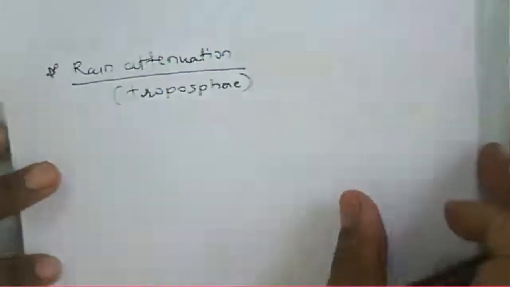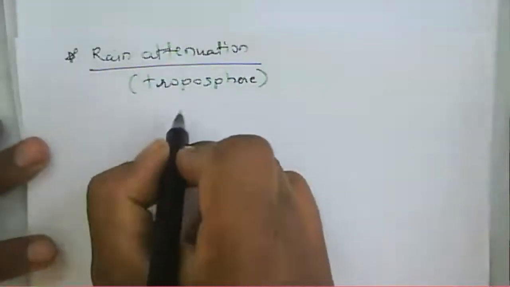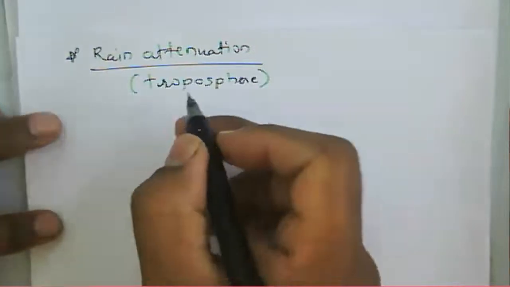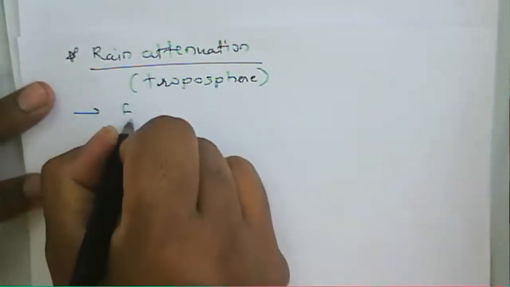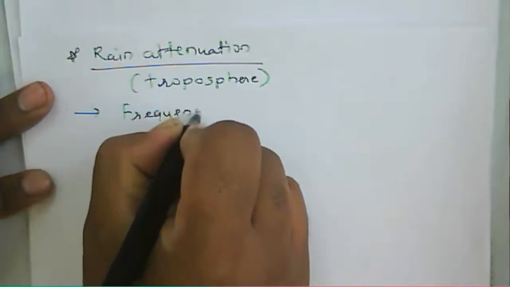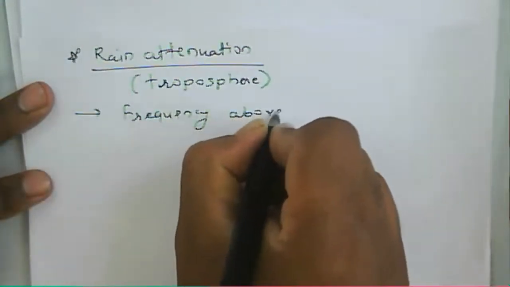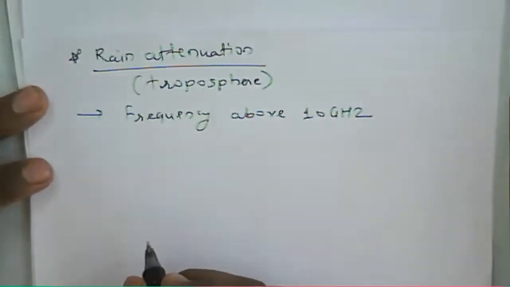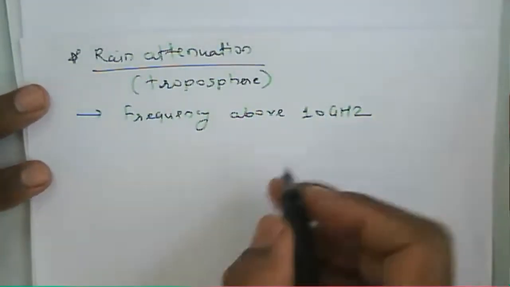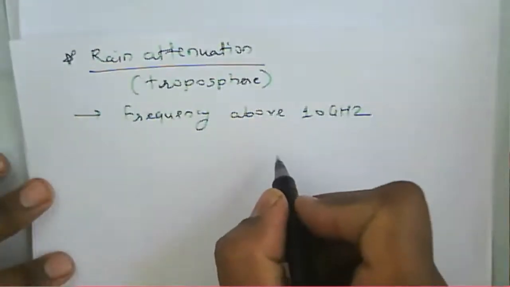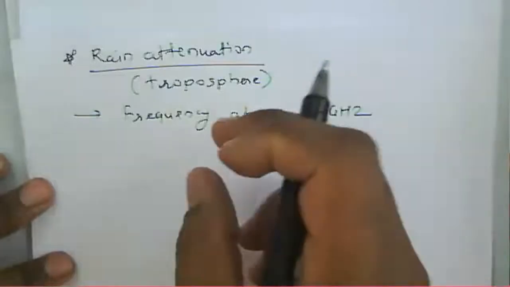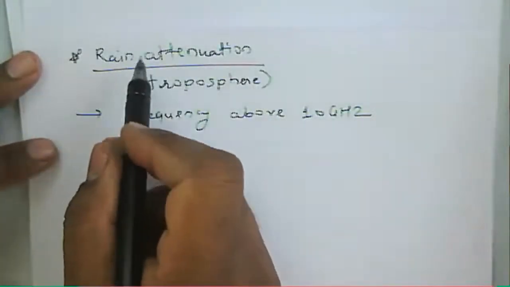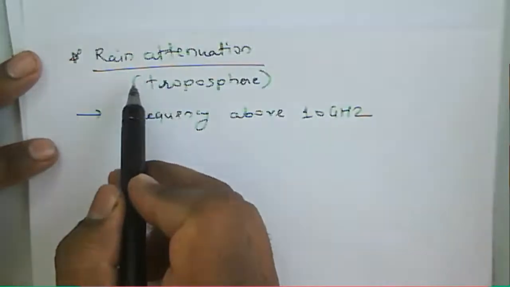Attenuation means your signal gets attenuated in that tropospheric region when the frequency of the signal is above 10 gigahertz. Rain attenuation occurs when we have frequencies higher than 10 gigahertz. Above 10 gigahertz of signal frequency, your signal gets attenuated due to the rain here.